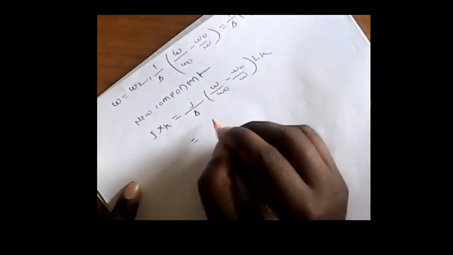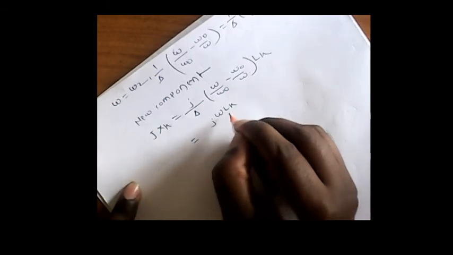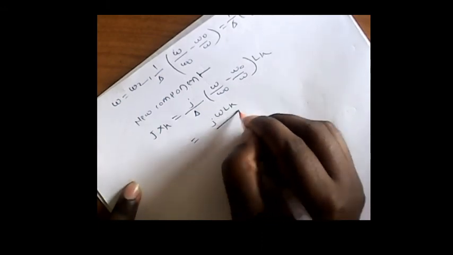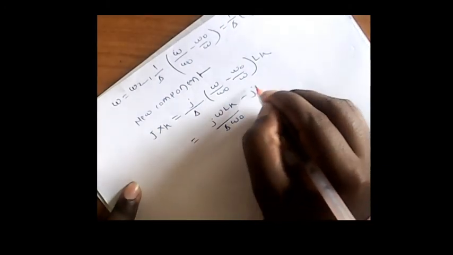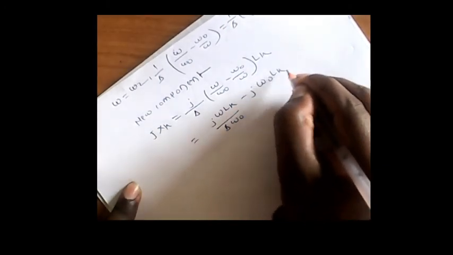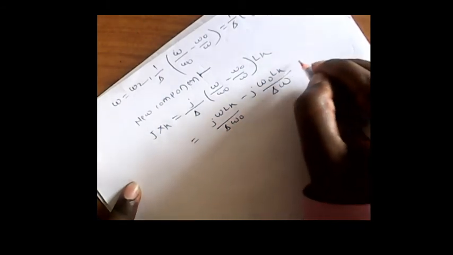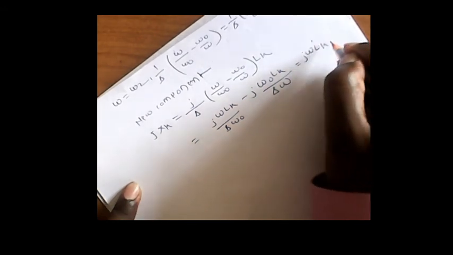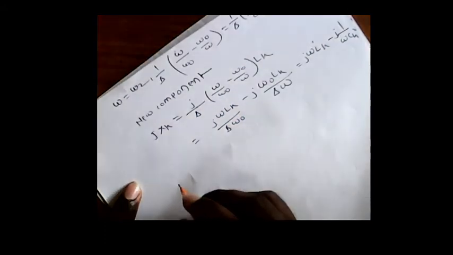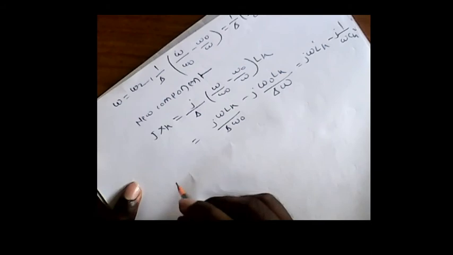After solving, j omega Lk divided by delta omega 0 minus j omega 0 Lk divided by delta omega, which comes out as j omega L dash k minus j omega C dash k, which shows that the series inductor is transformed into a series LC circuit.